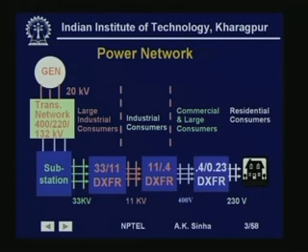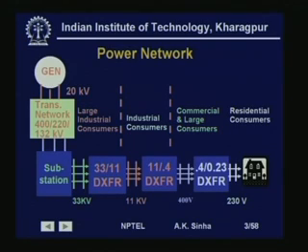As we have said earlier, we have in a system different voltage levels. The generator generates at an optimal voltage level, which is somewhere around 11 to 25 kV. So, generator voltage can be anywhere in between that.